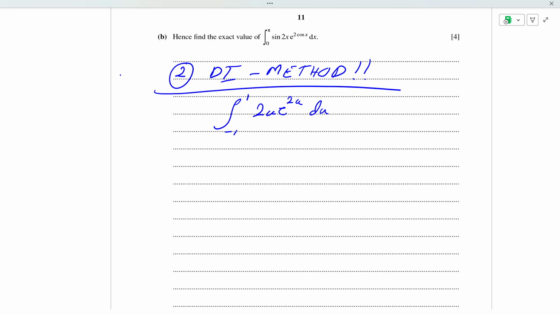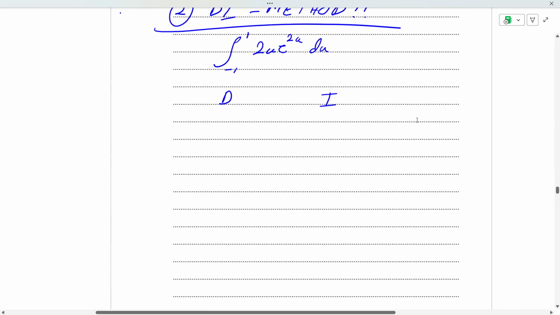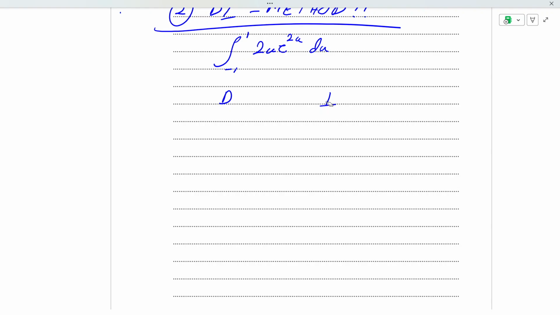You want to make two columns here, D and I, and then you choose which function you're going to differentiate and which function you're going to integrate. D is for differentiation, I is for integration. You can still use the same LATE for choosing the precedence, but in this case you can just look at the function and see which one will reduce to 0 if you differentiate it.